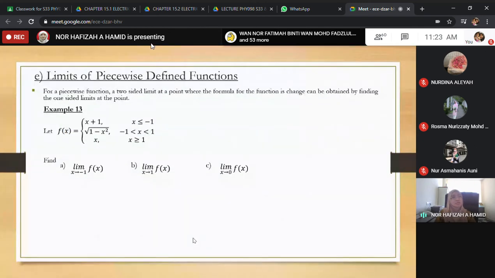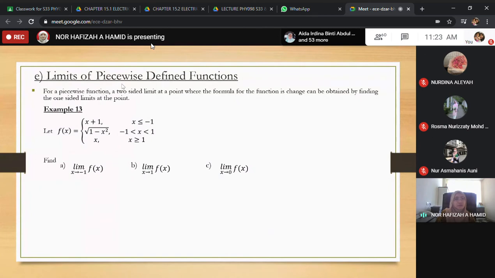Okay, so saya nak masuk limits of piecewise defined function. Okay. So for piecewise defined function, so ini you dah belajar last semester topic function. Okay. So piecewise defined function ni is combination of several function into one function. Okay.